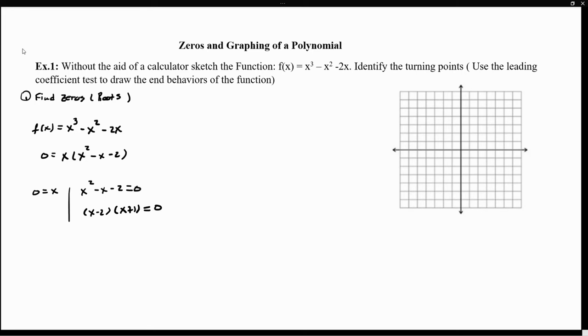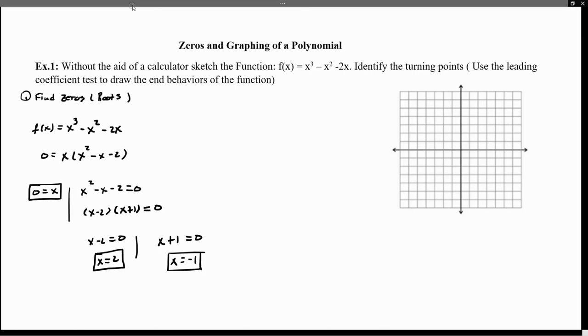And now we have that x minus 2 equals 0, and also x plus 1 equals 0. So therefore, I have all my solutions: x equals 0, x equals 2, and x equals negative 1. That's always going to be the first step whenever we want to sketch our polynomial.